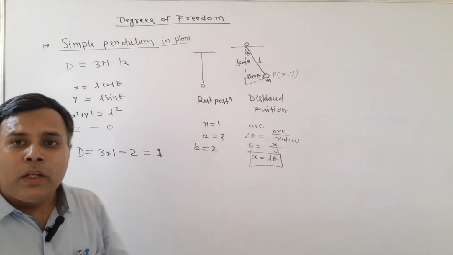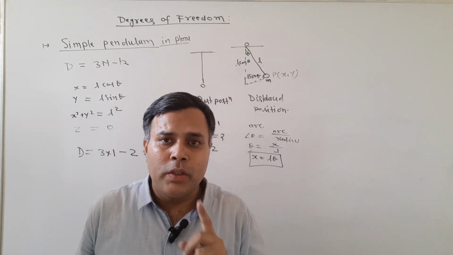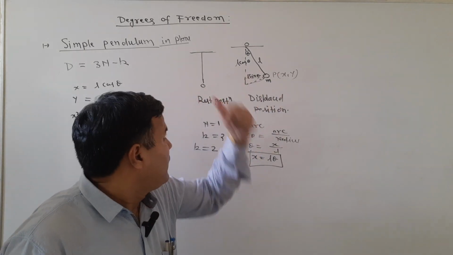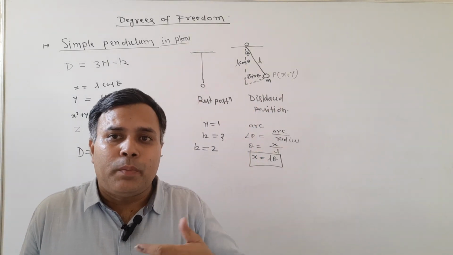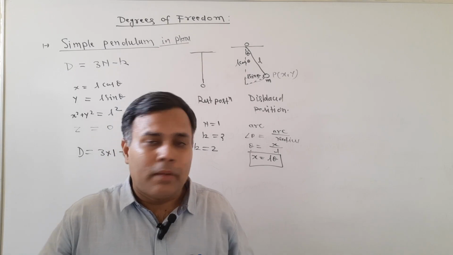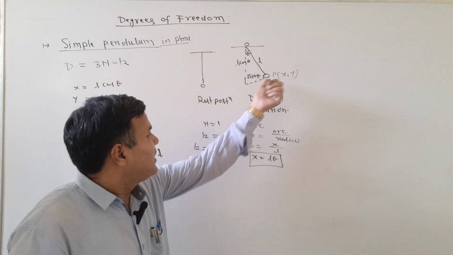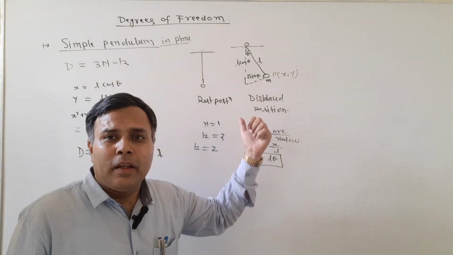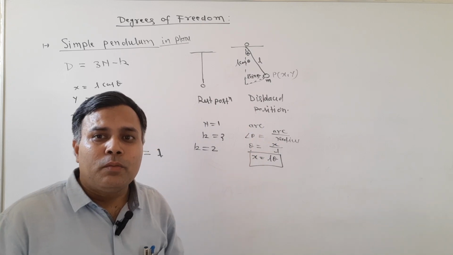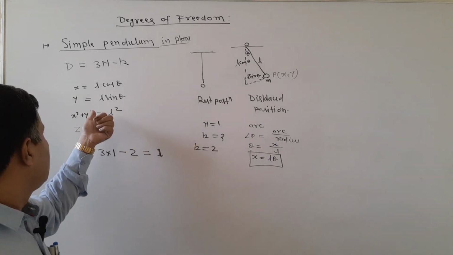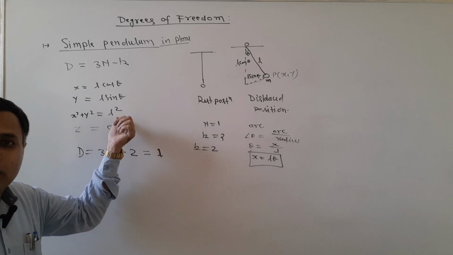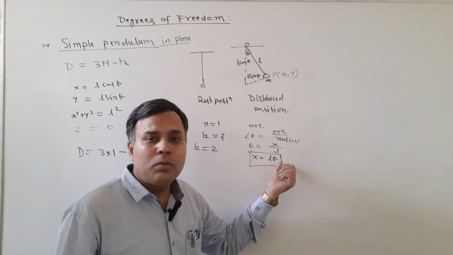So there is only one independent way through which our pendulum can have motion, or oscillate, because in principle we can see that this motion is in a plane, but it is restricted by which equation? Either x square plus y square equal to L square, or x equal to L theta.